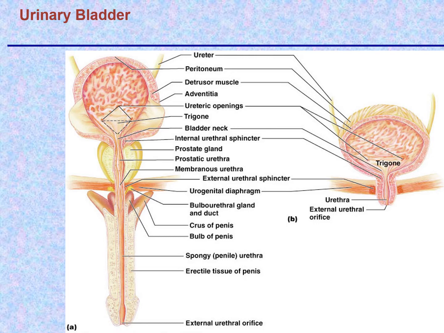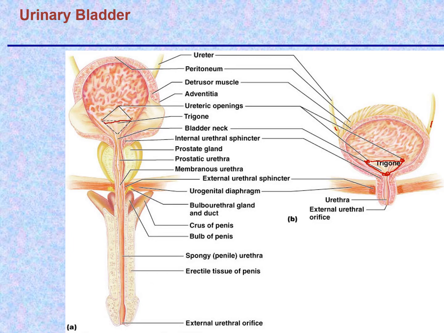This imaginary area forming into a triangle is formed by the opening of these ureters from each kidney into the bladder down here at the base, and then the urethra opens here. The imaginary triangular area is called the trigone.